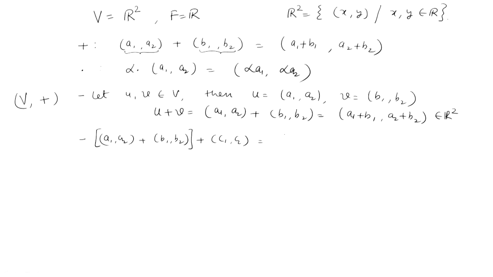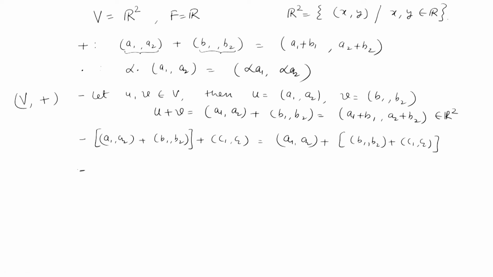By simple calculation you can easily show that this is equal to A1 A2 plus B1 B2 plus C1 C2. That means whether you take the bracket in the first two elements or in the last two elements, both are the same. It is very easy to show. You can simply proceed using this addition operation.